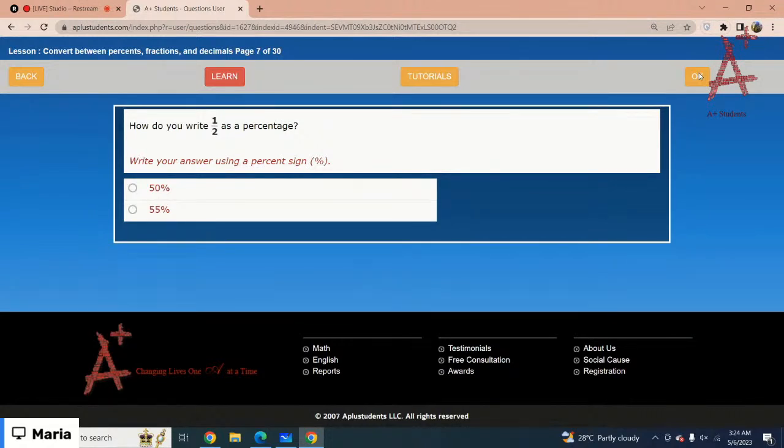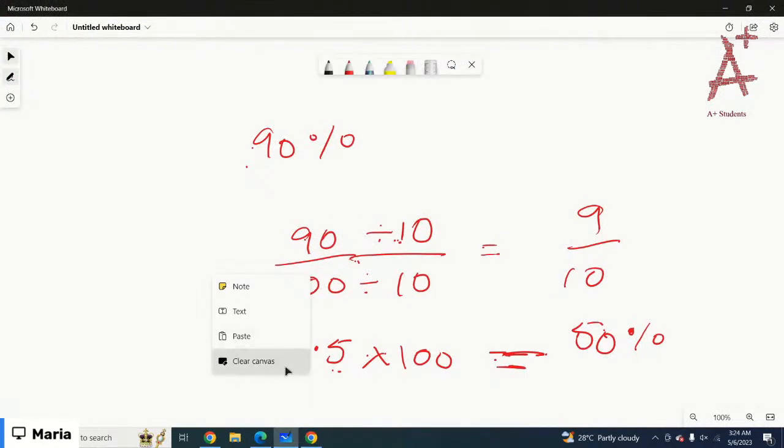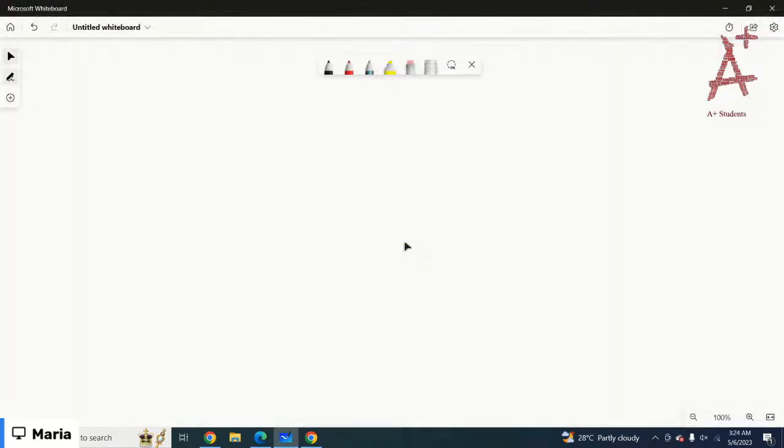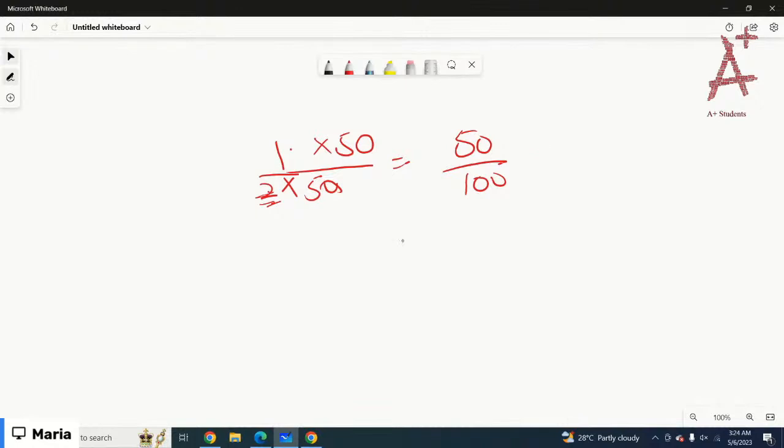You have to make the denominator equal to 100. 1 over 2. 2 times 50 makes 100. So just multiply both numerator and denominator by 50. 50 times 1 is 50 and 50 times 2 is 100. So it would be 50%. The correct option is 50%.